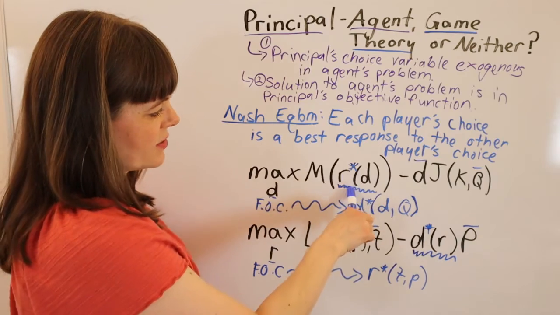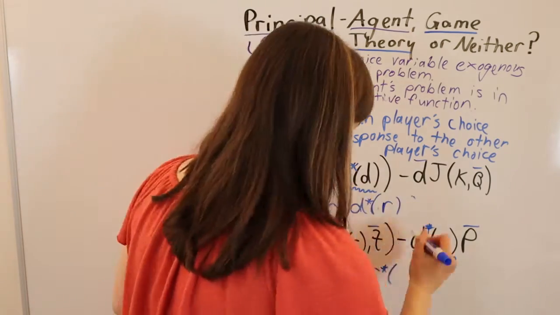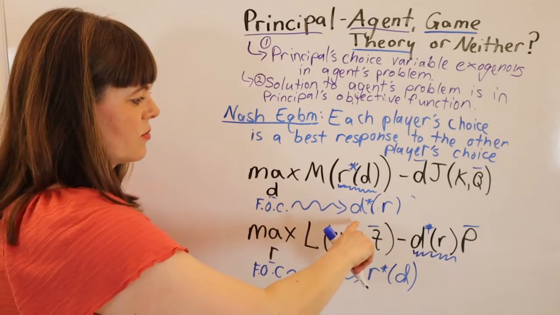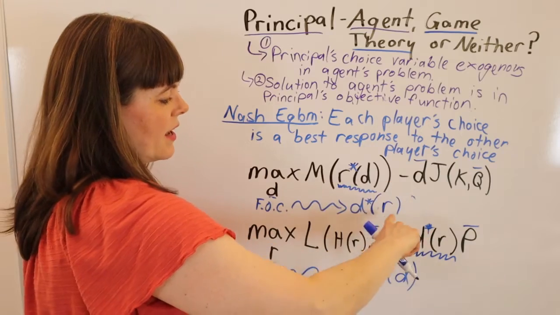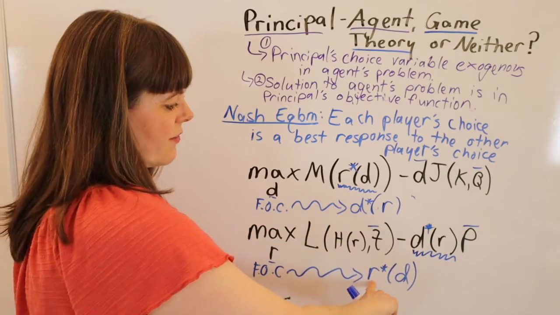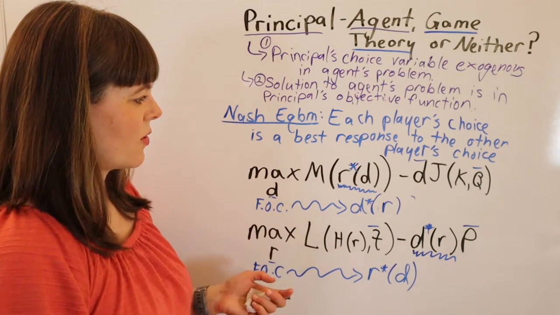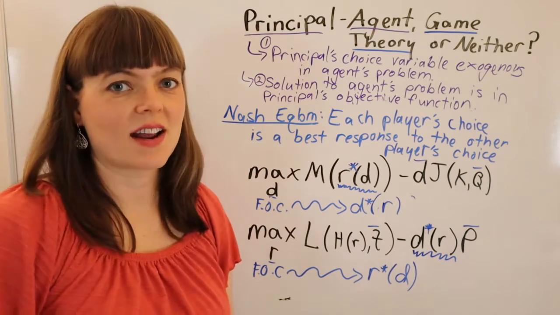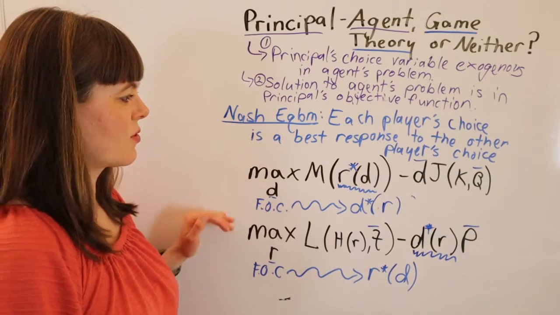So if we look at the solutions, what we're going to find is something like this, where the choice of D needs to be in response to R, and the choice of R needs to be in response to D. And that's going to represent some kind of Nash equilibrium. So this is how you identify Nash equilibrium in a problem.